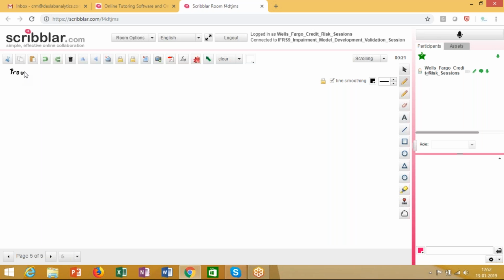What I want to do is develop the linkages between each of these modeling frameworks. So what is the product market over here?